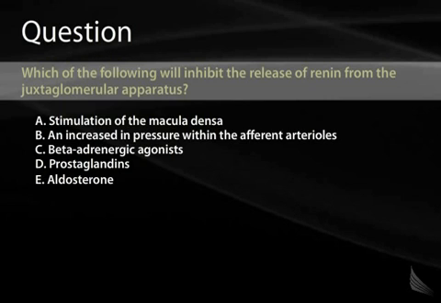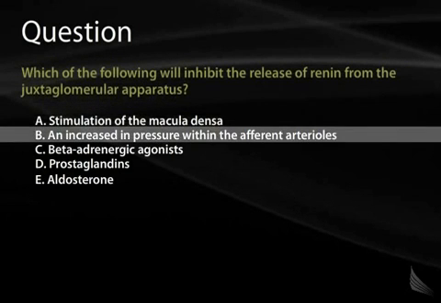Or E. Aldosterone. The correct answer is B. An increased pressure within the afferent arterioles. Once again, renin is released in response to decreased renal blood flow. Therefore, an increase in pressure or an increase in renal blood flow will inhibit the release of renin.